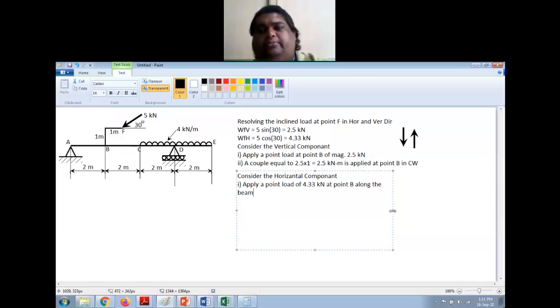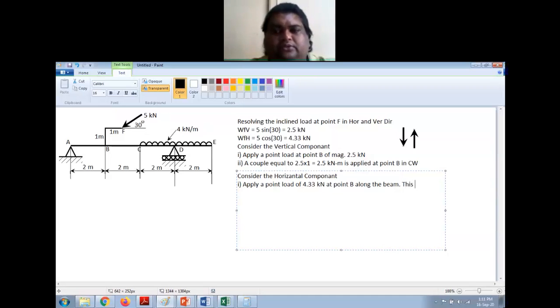What do you mean by along the beam? See, the horizontal component is along this direction, right? So here you have to apply force in this direction from C to B. There will be a force equal to 4.33 kilonewton. Now this force will not result in any BM or SF.